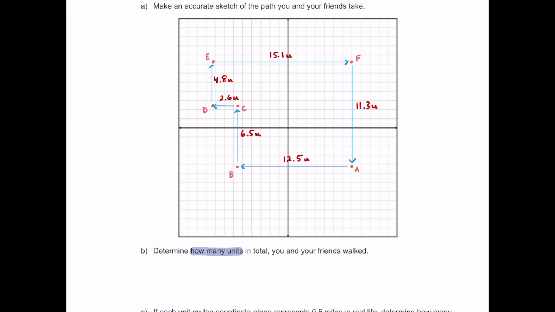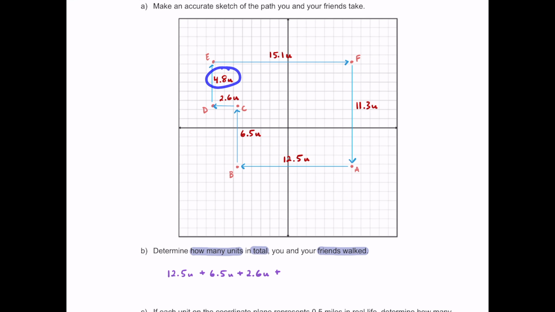So for how many units in total that you and your friends are walking here, let's start maybe from the library, and we are walking 12.5 units first, and then we're going to be adding what next to that. Let's go from this 12.5 to the 6.5, so let's add the 6.5 units. After adding 6.5, we can go ahead and add on this 2.6. We'll go ahead and add 2.6 units on top of that. So if you add 2.6, that'll be the next leg of this adventure, this trip.